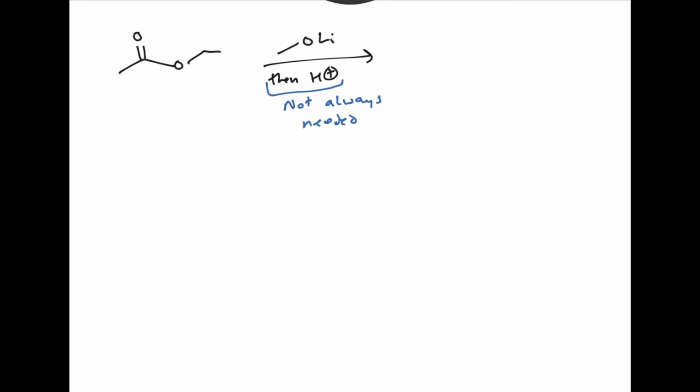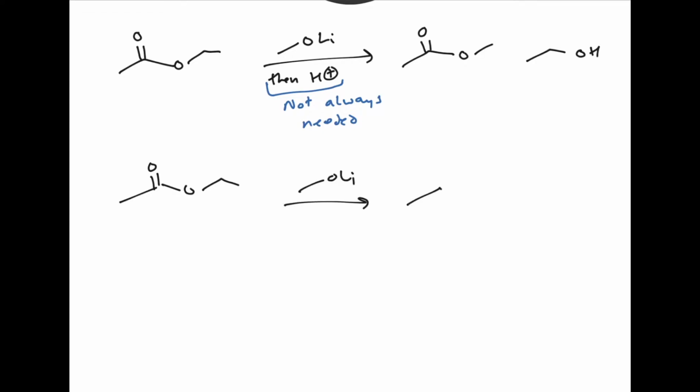Right? So if you do then H plus, you end up making an alcohol. If you write it where you don't have the then H plus, you still get the transesterification, but your byproduct is just going to be a new alkoxide.